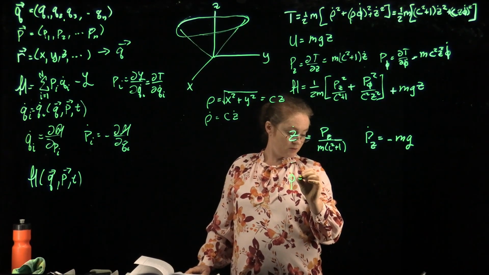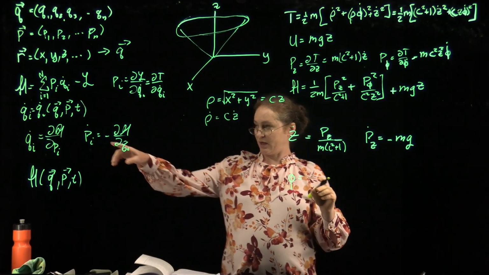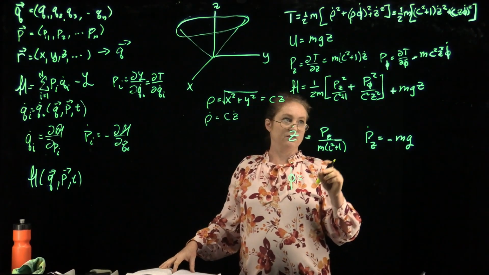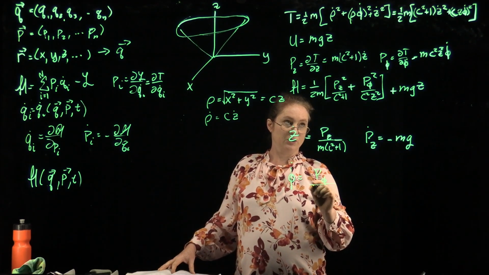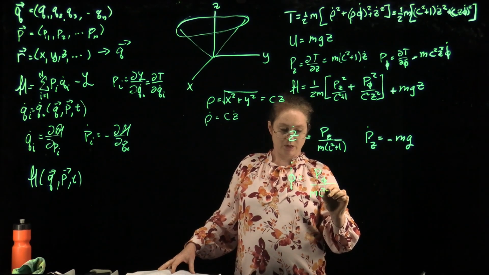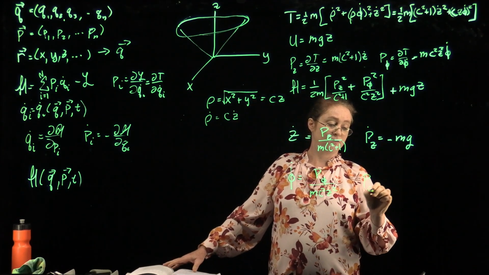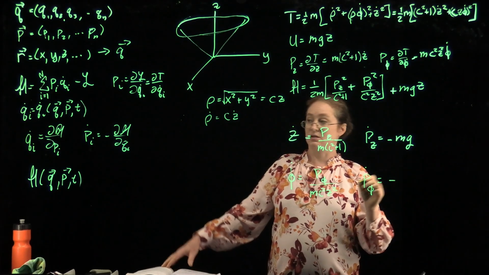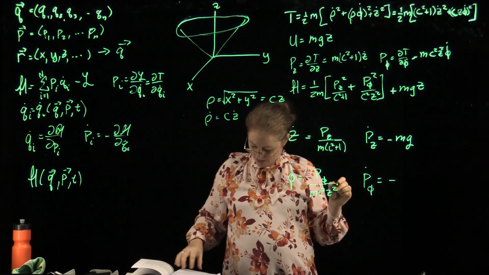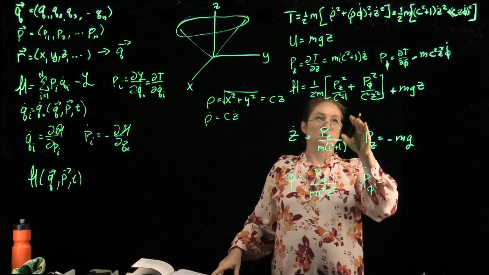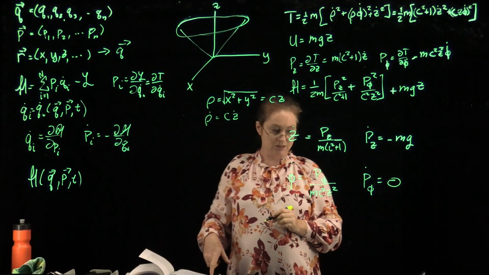Phi dot is equal to partial h partial p phi, which is p phi over m c squared z squared, and p phi dot is negative partial h partial phi, and there is no explicit dependence on phi, so this is 0.